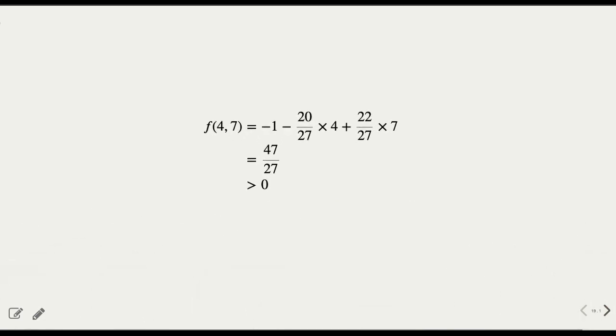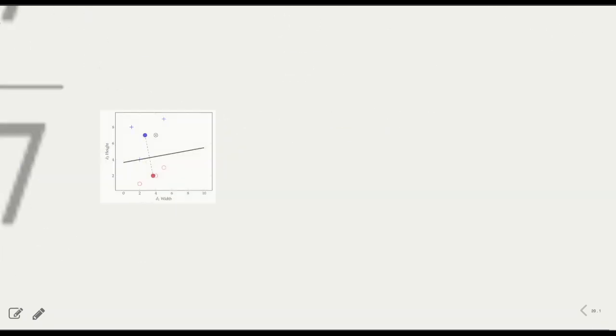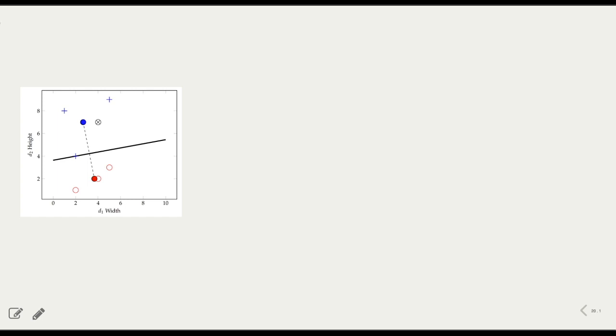So we plug the values in, and it turns out the result of this linear function is greater than 0. And so we are going to predict this to be positive. This test instance must belong to the positive class or the standing class. This does work, and we can find out where the linear function is using this central idea.